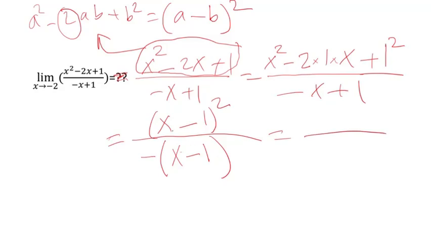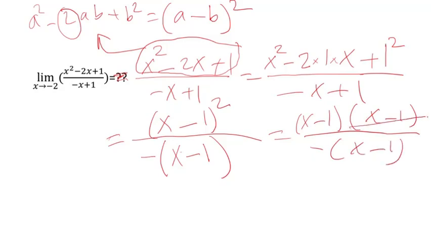And again, this here, x minus 1 quantity squared, I can write as x minus 1 times x minus 1. And I have minus x minus 1. So I know this is the same as this, I can cancel. Then I end up with x minus 1, and I have minus, it's just minus 1 basically.